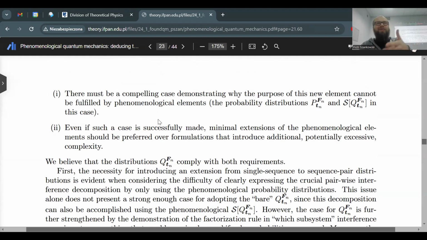For example, in our case, that would be P or SQ, maybe. So it has to be necessary to introduce it. There has to be a real need for doing that. Not just coming up with whatever; you have to have some reason to introduce it, okay?